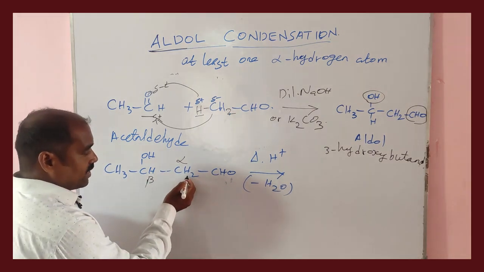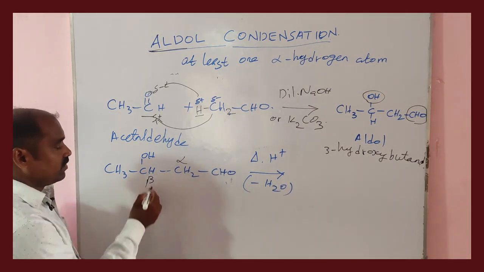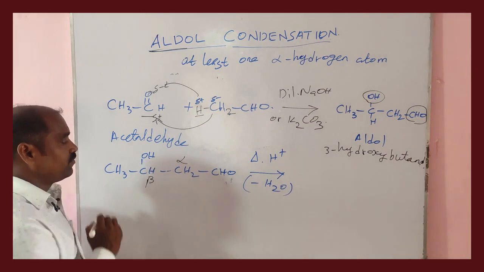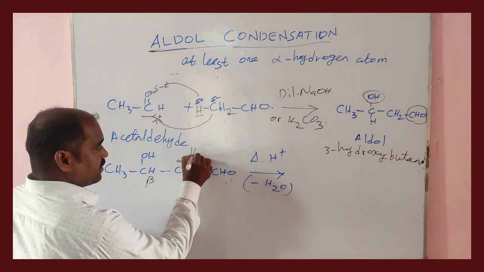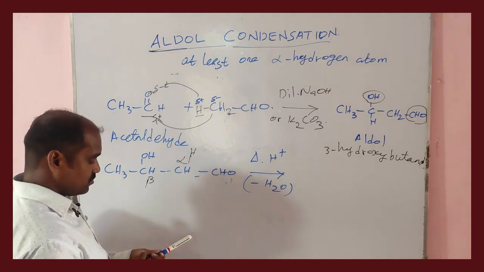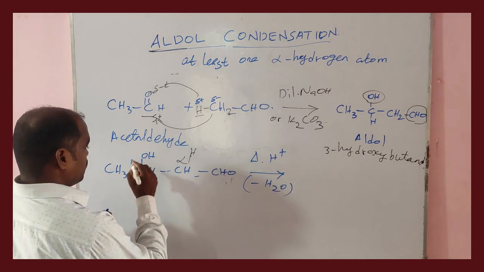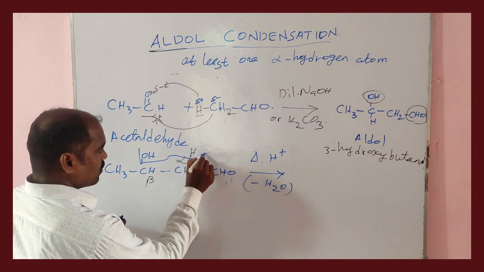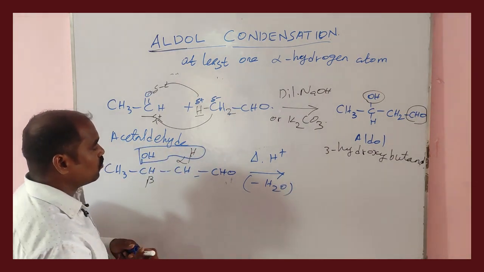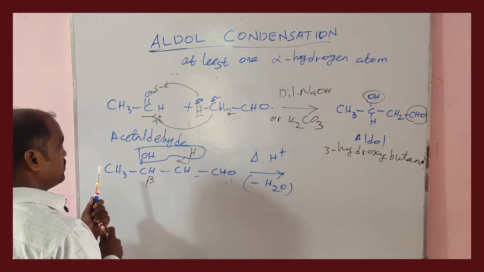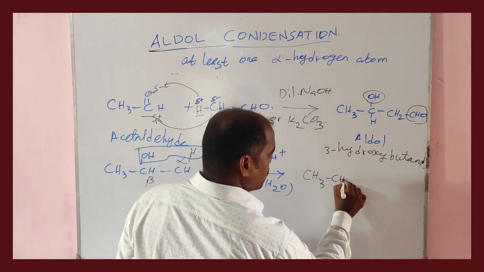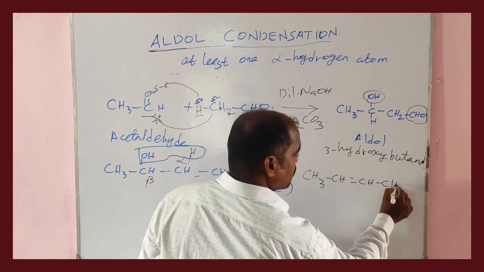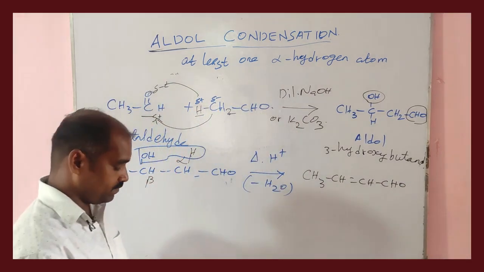One hydrogen is lost from the alpha carbon and the OH group is lost from the beta carbon. For the sake of understanding, I am writing the hydrogen here. So this is removed as a water molecule. What is remaining? CH3, CH, double bond, CH, CHO.